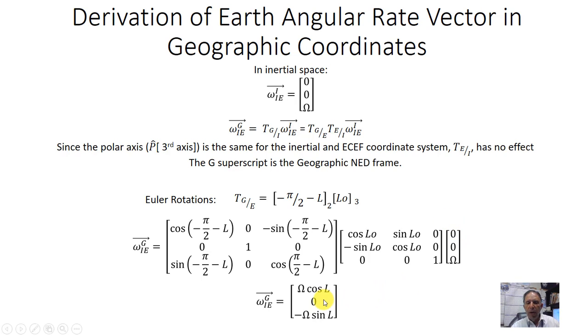We obtain the Earth angular rate vector expressed in geographic coordinates as omega cosine latitude in the north direction, 0 in the east direction, and minus omega sine latitude in the down direction. The 0 in the east direction is a characteristic that gyro compassing alignment utilizes.